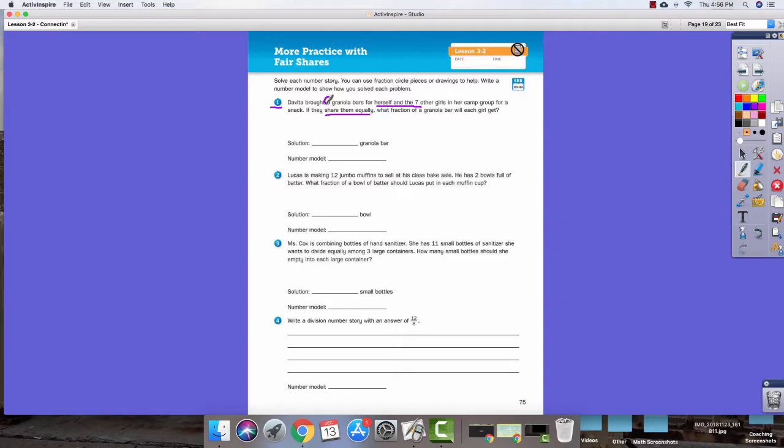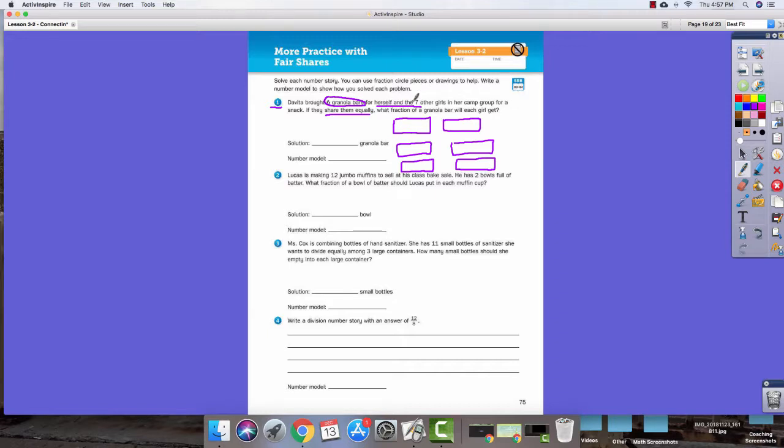So she's going to take these 6 granola bars, and I can represent the granola bars by simply drawing 6 granola bars, and I'll use rectangles to represent them. And what is she doing with these granola bars? Well, she's splitting them up equally with herself and 7 other girls.